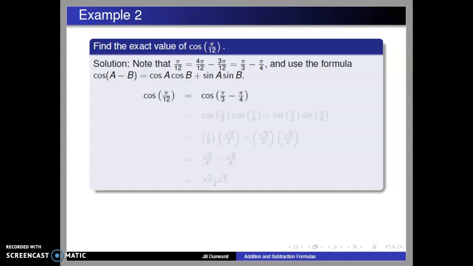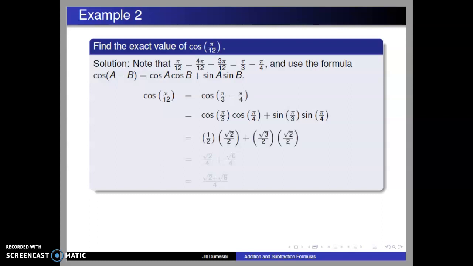So cosine of pi over 12 equals cosine of the quantity pi thirds minus pi fourths. We substitute the values of a equals pi over 3 and b equals pi over 4 into the formula. Now we have special value angles whose cosine and sine values are known.